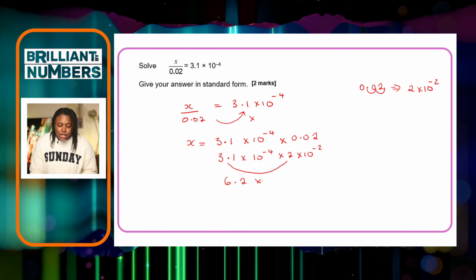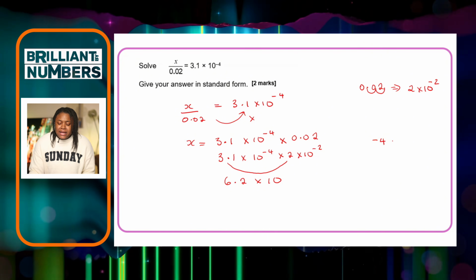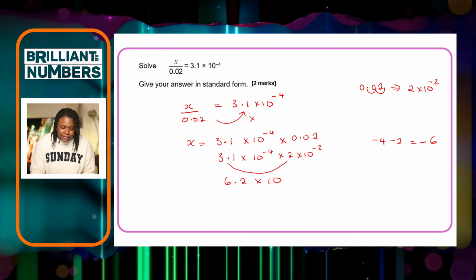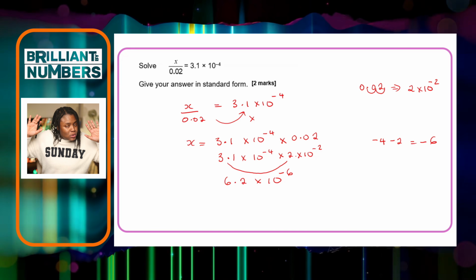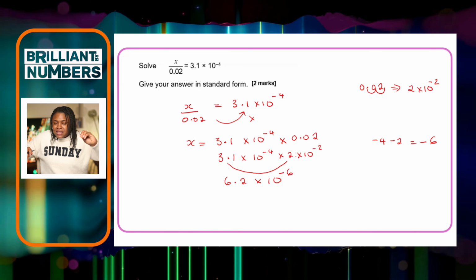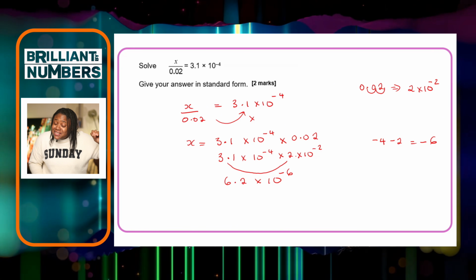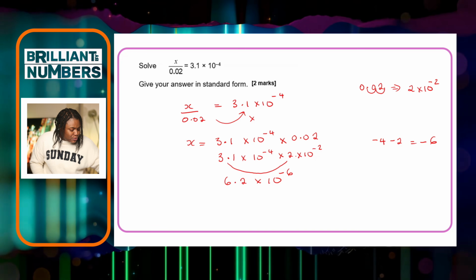Be careful. This is going to be 10 to the power of minus 4 and minus 2 will give me minus 6. So it's 10 to the power of minus 6. Guys, if you have to use a number line and start at minus 4, go 2 backwards to see that it's still negative and negative 6, do it. Do what you got to do.